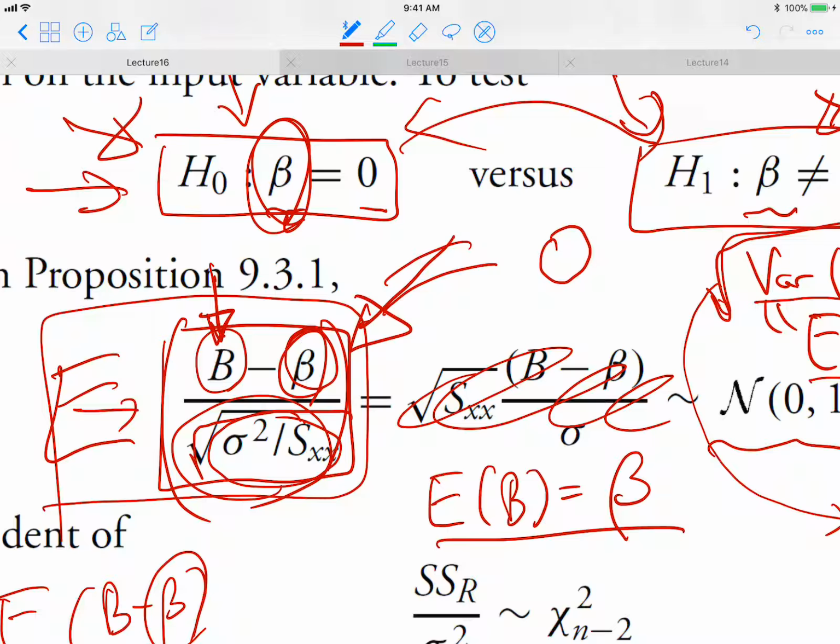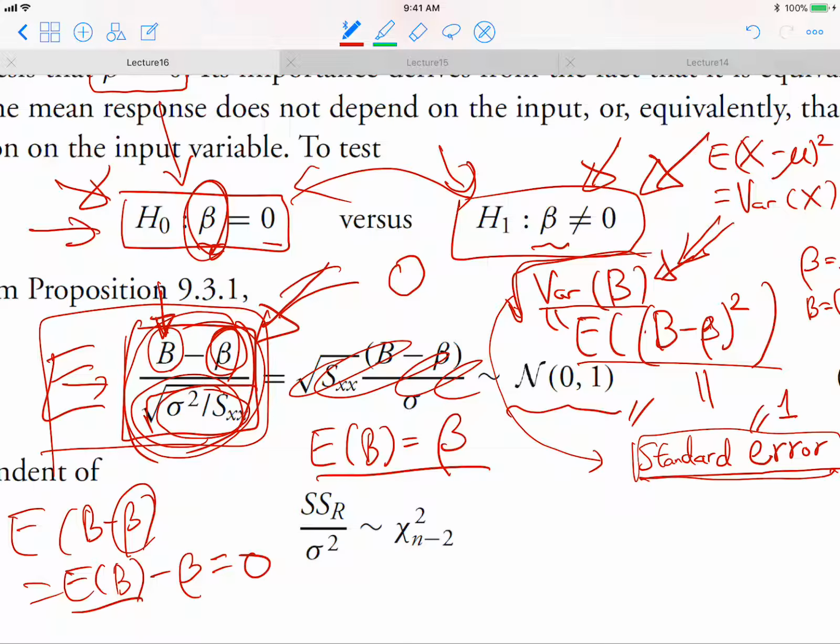Okay, so it's quite simple. And after this standardization, this will just follow the standard Gaussian distribution. Okay, and then let's check why this B should follow the Gaussian distribution. That is the only missing part.